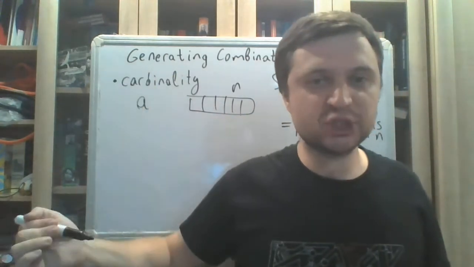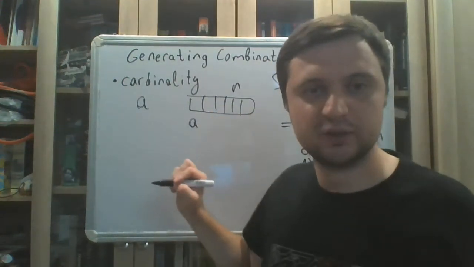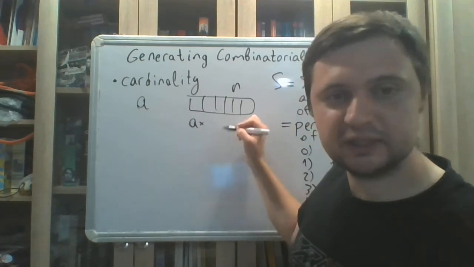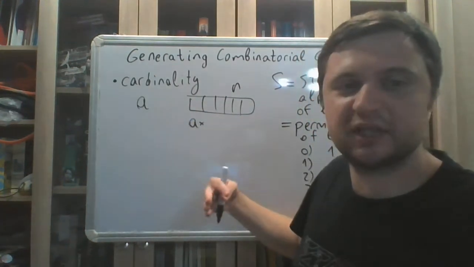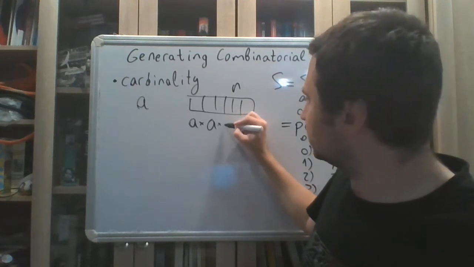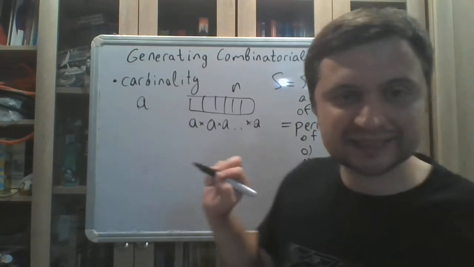For each selection of the first letter, and there are A possibilities, you have A consecutive selections of the second letter, and so on, up to the last letter.